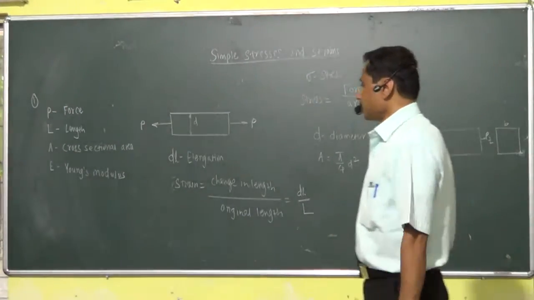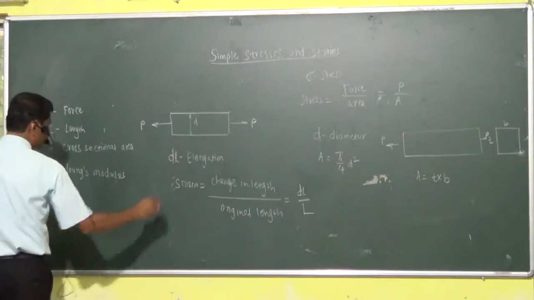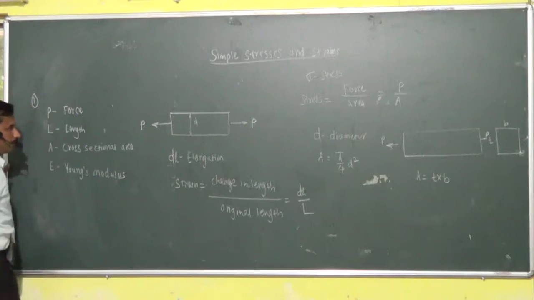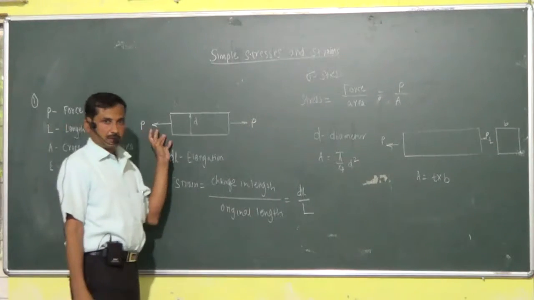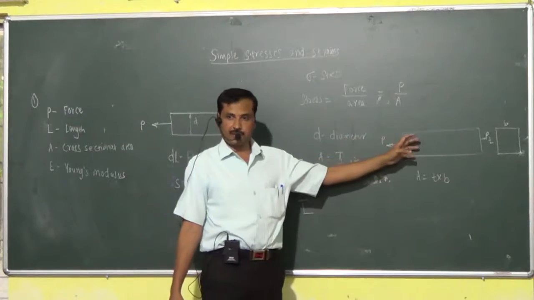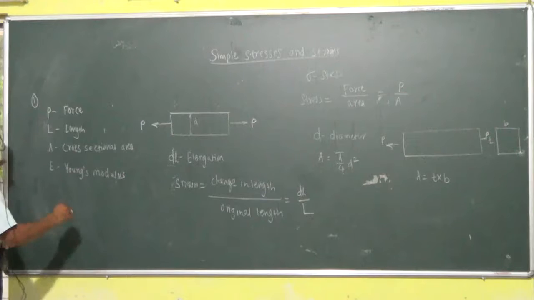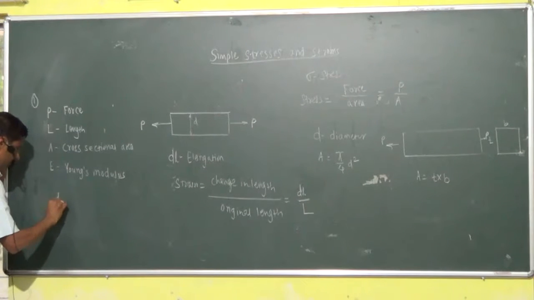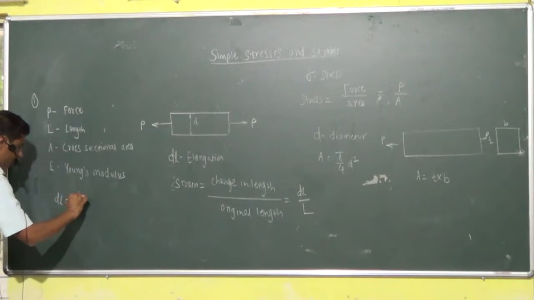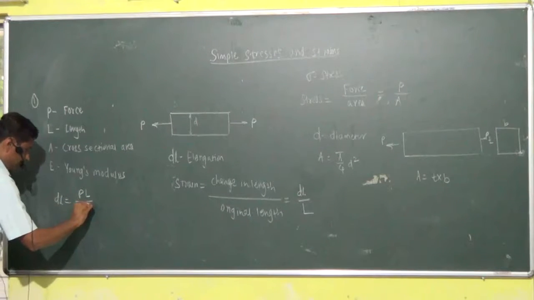If we are interested to identify the elongation present inside this bar, maybe that bar's cross section is round or rectangular, then in that case this elongation dl will be considered as PL upon AE.